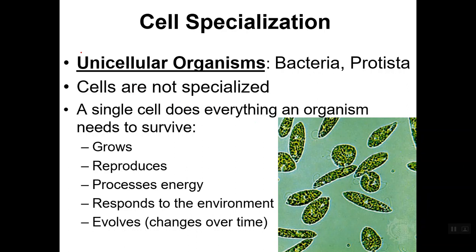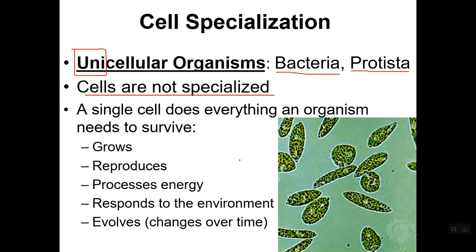If you are a unicellular organism, you are only made up of one cell, so you have to do absolutely everything. For all the bacteria and protists out there, which are our single-celled organisms, their cells are not specialized. They have to perform any functions that the entire organism needs to survive.